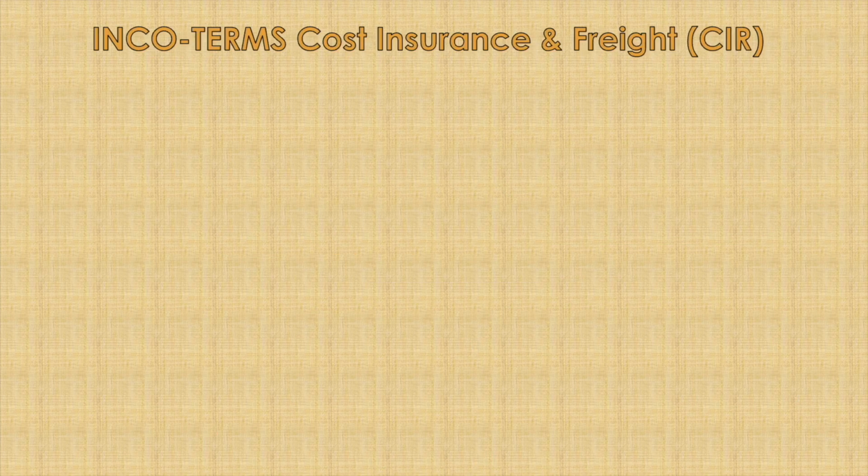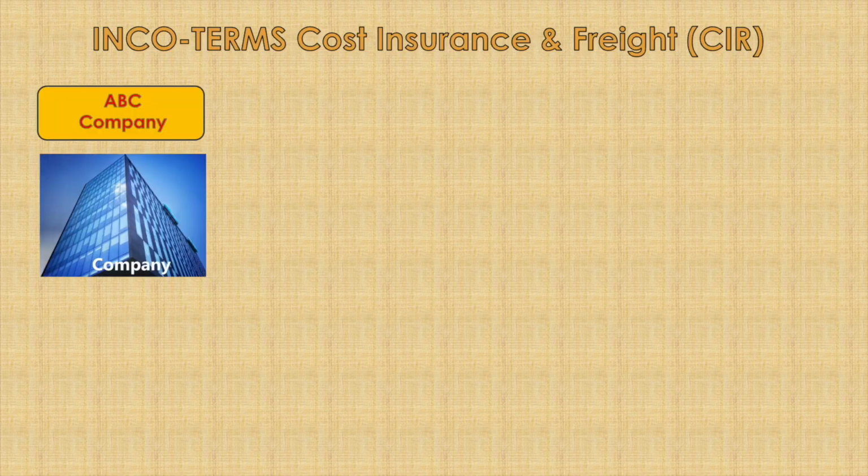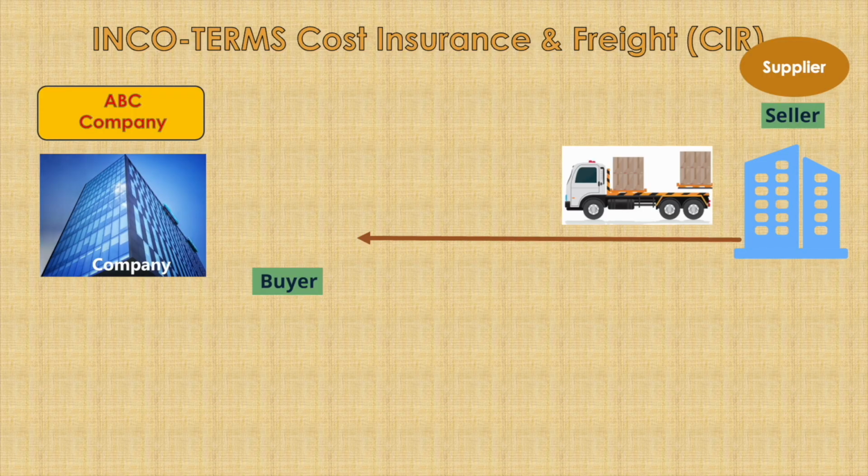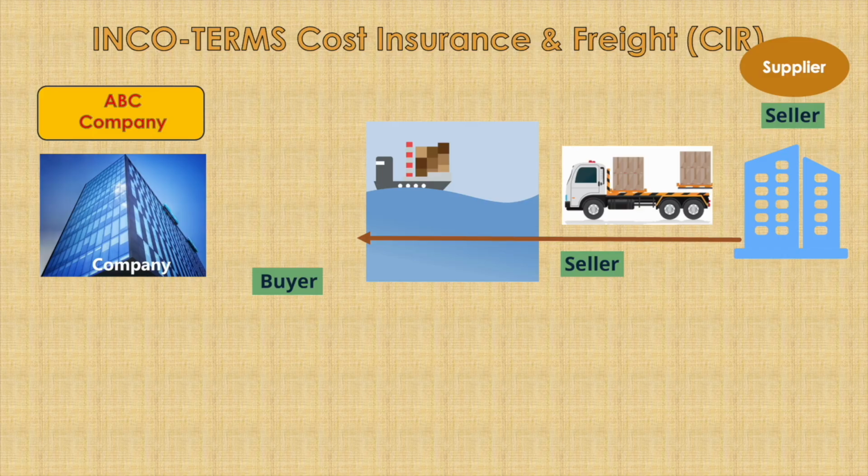CIF, Cost, Insurance and Freight. Finally, let's talk about CIF. This is very similar to CFR with one key difference. In CIF, the seller also pays for marine insurance along with inland transport, export customs clearance, loading costs, and the ocean freight charges.